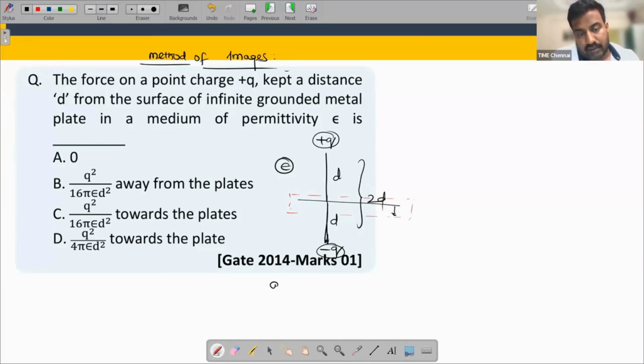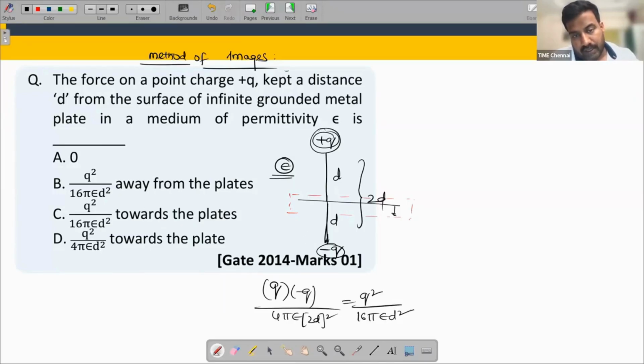Now the total force is Q into minus Q by 4 pi epsilon, distance is 2D whole square. I want the magnitude of force, therefore it is Q square by 16 pi epsilon D square. They're opposite charges, so they move towards the plate.